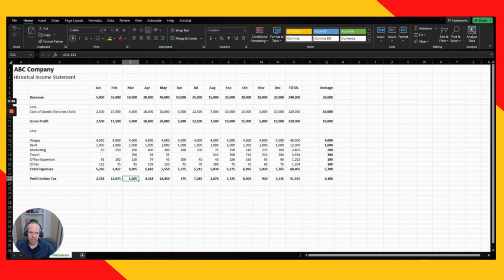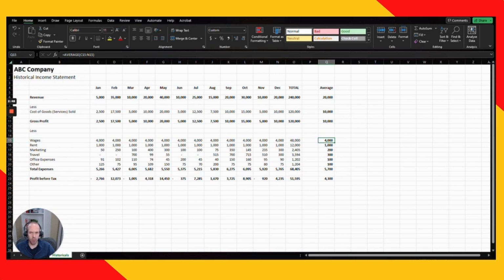So what we've done here, once you've taken the export from your accounting software, is come up with an average per month. What's your average revenue per month? What's your average cost of goods sold per month? And then what are your average major expense categories per month as well?